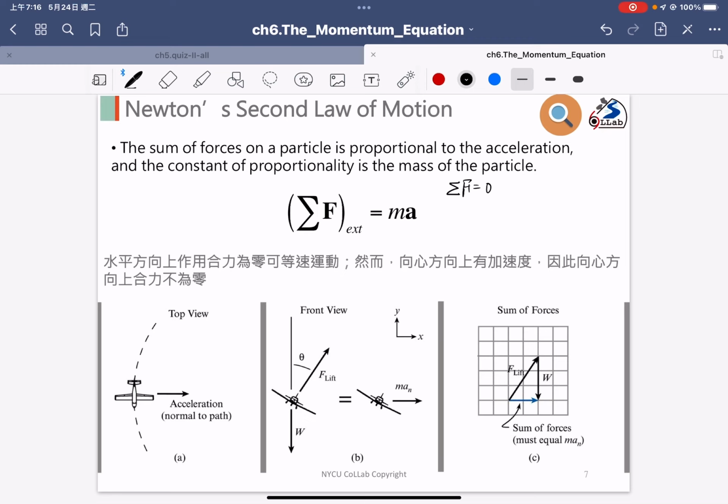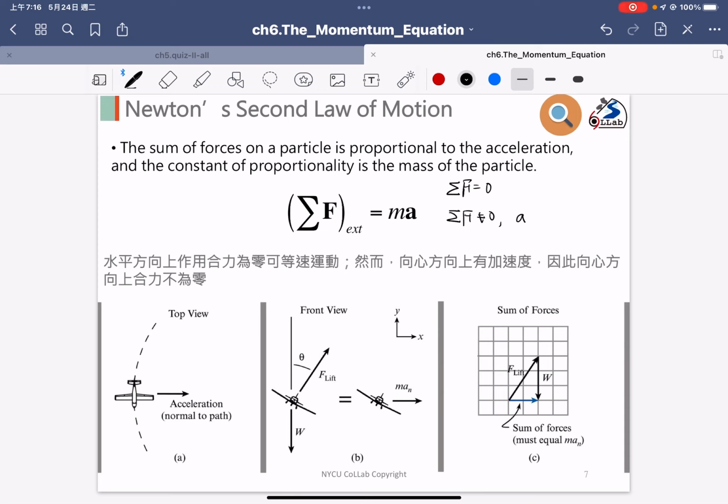But if the sum of the forces is not equal to 0, that indicates we have additional acceleration required in that direction.